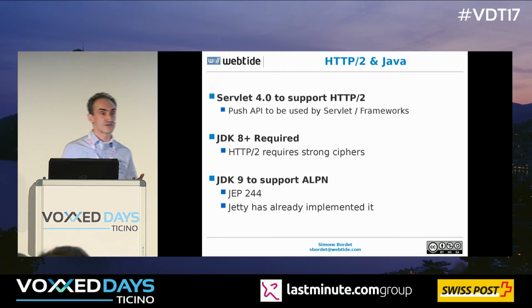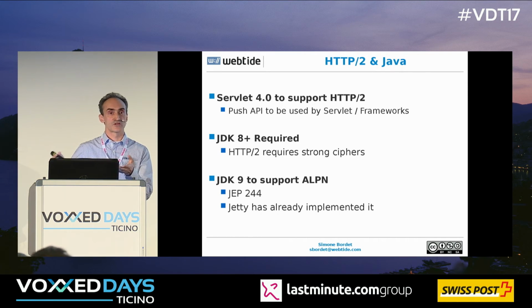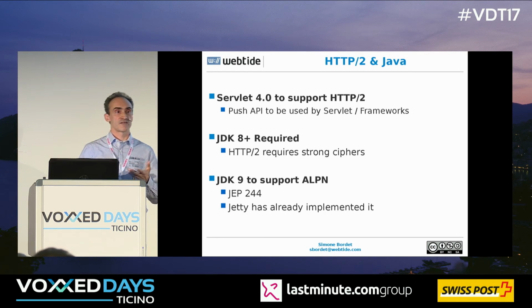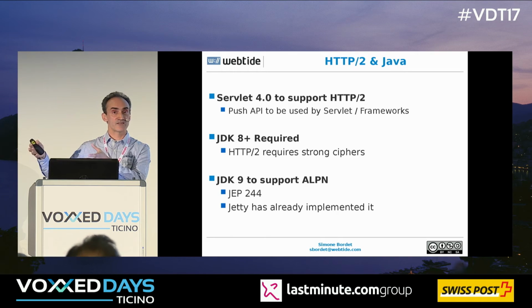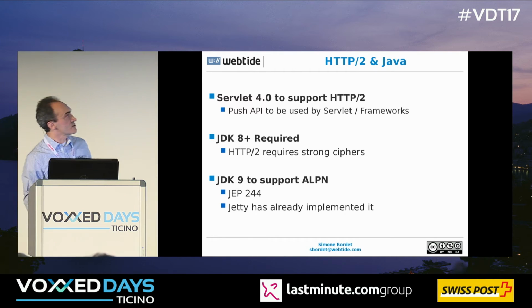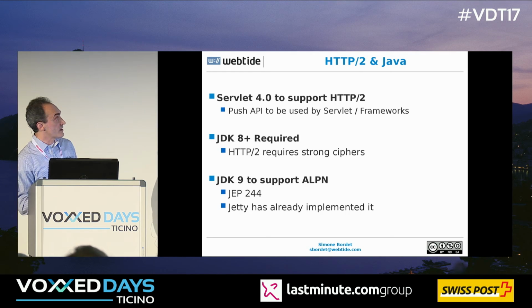Servlets will have APIs that allow you to programmatically push resources. For example, you can have logic like: if the customer is a gold customer, then push the data and make his web experience faster. But if it's a guest, then we don't bother pushing. JDK 8 is required, so upgrade your JDK if you're not on 8.